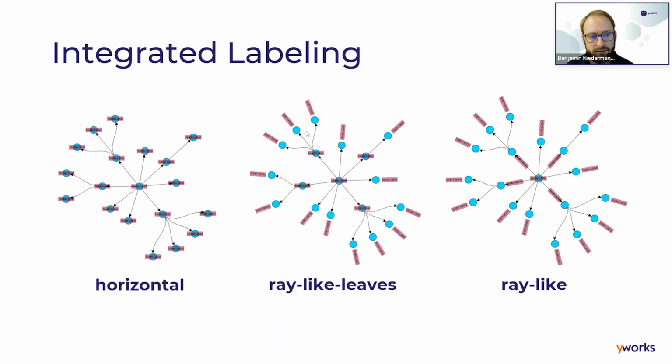For ray-like leaf labels, the idea is that the leaf nodes of this virtual tree get radial labels, and radial labels means that they point towards the center of the drawing. And then with the ray-like labels, every label points to the center of the drawing, apart from the label of the center node, of course, because here we cannot say where the node label should point to.